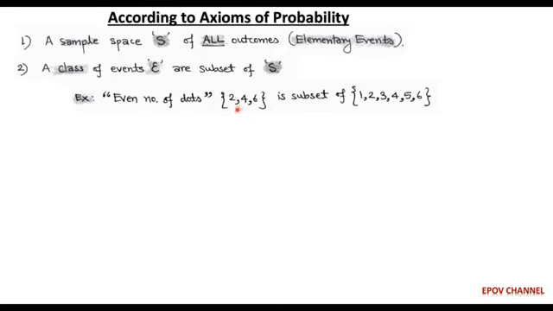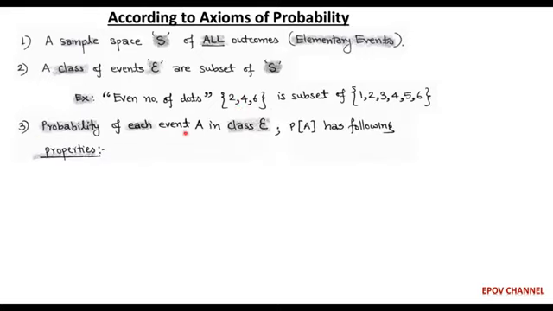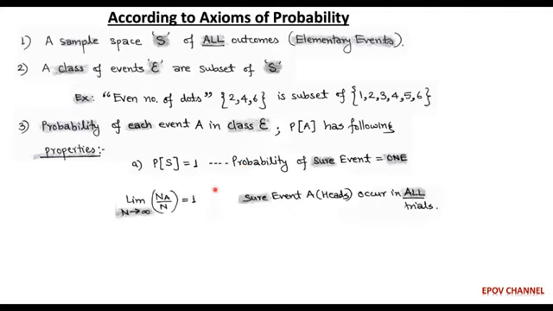And the third point is, the probability of each event A in a class E is denoted by probability of A, and this has the following properties. First is, the probability of the sample space, that is a sure event, is always equal to 1. For example, for a sure event, that is event A occurs in all the trials, Na equals n. So in this case, probability of A, that is limit n tends to infinity, Na upon n, is equal to 1.